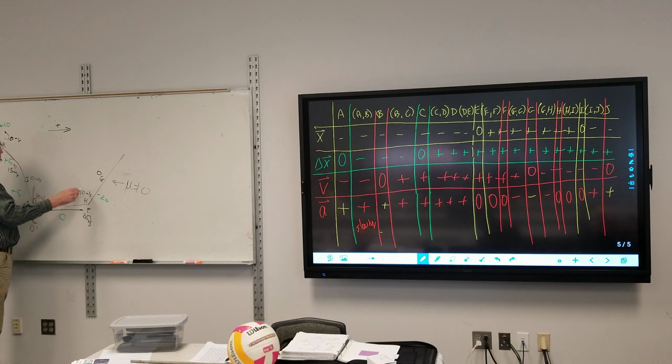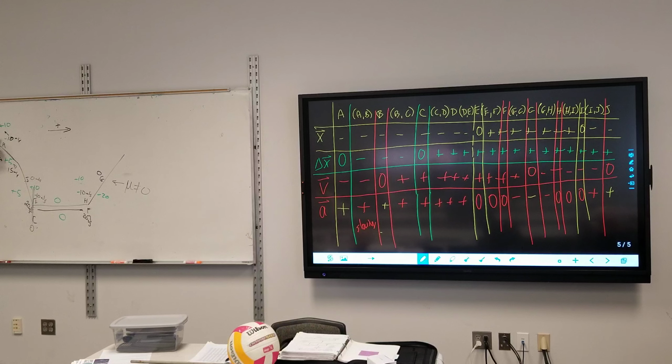Positive 10. Wait, something's off there. Yeah. We go from 20 to 20. Oh, that's going to the left, negative. That's negative, okay. So 20 to 0 was negative 20, 0 to negative 10, negative 10. Negative 10 to negative 10, zero. Negative 10 to 0, positive 10.